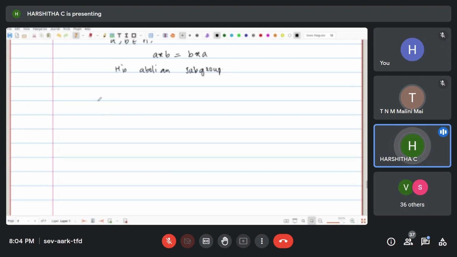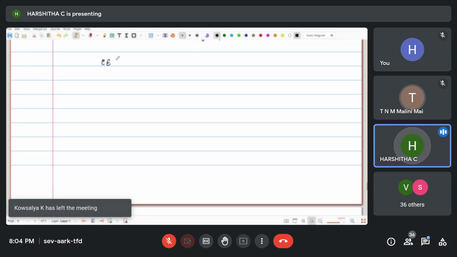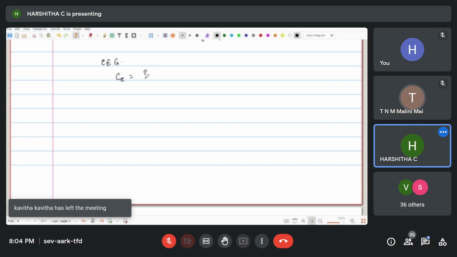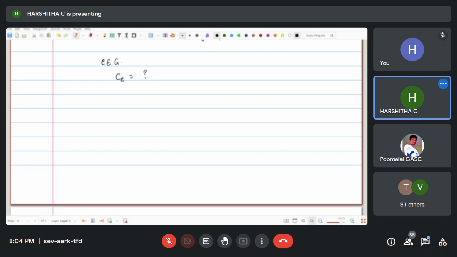So even before going at that, let's take the identity element in the group. What is the centralizer of the identity? The whole group. What will be the set?